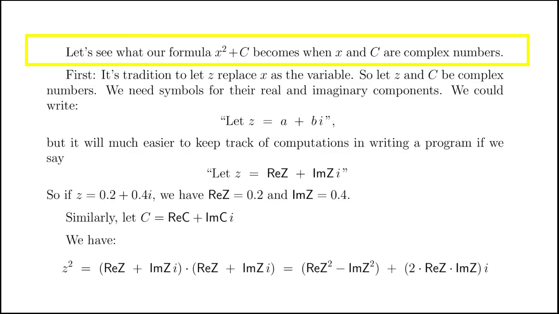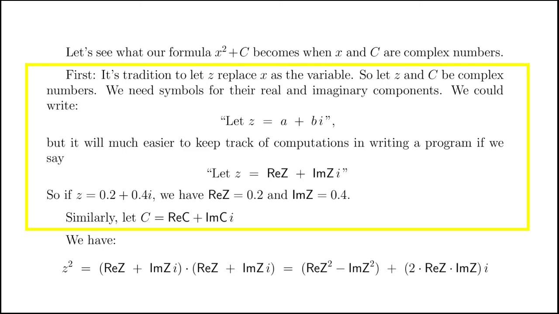Now let's see what our formula for computing x squared plus c becomes when x and c are complex numbers. First, it's tradition to let z replace x as the variable. So let z and c be complex numbers. We need symbols for their real and imaginary components.